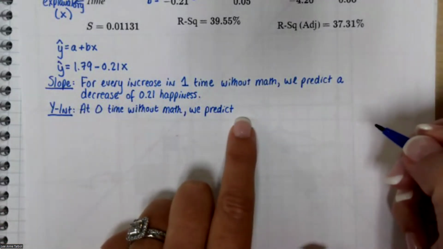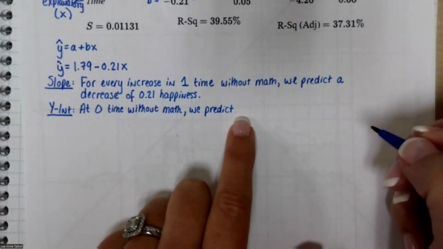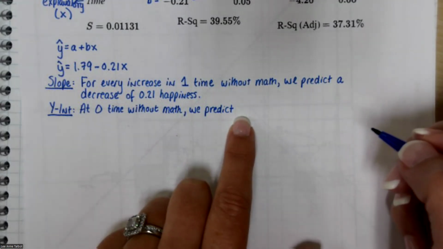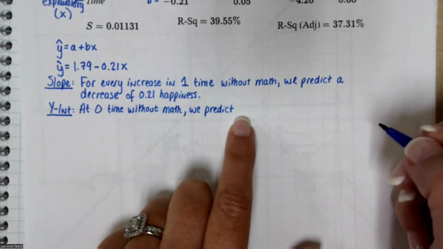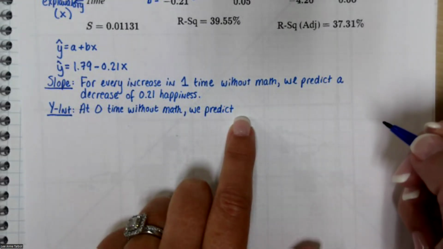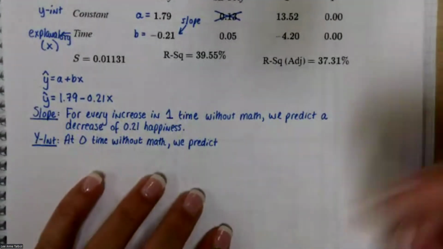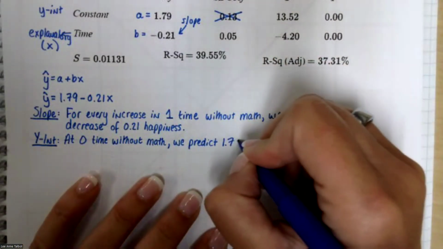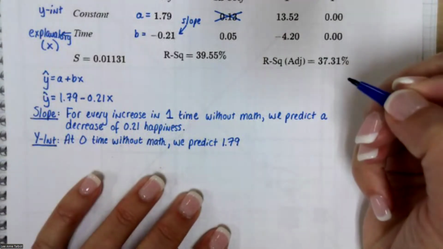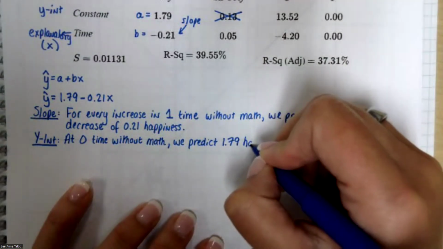We predict a. What's a in this problem? 1.79 happiness.